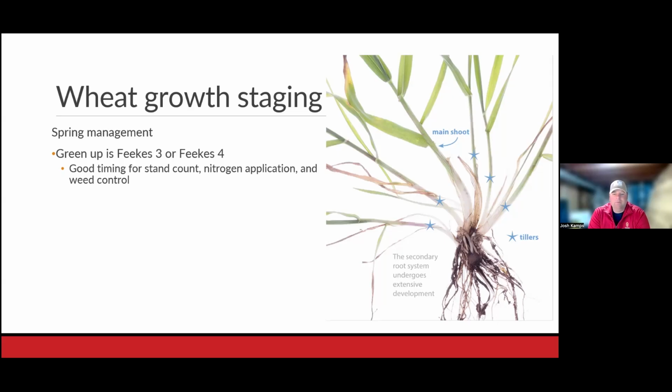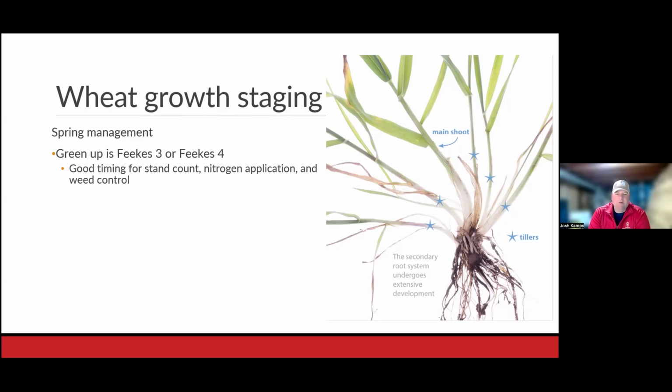Okay, so there's some further study that we can learn about the amount of tillers on a wheat plant. This picture I thought showed that pretty well. We have that main shoot, that main plant that came from the seed that we planted last fall, but then these tillers have developed. Tillers in small grains are a positive. Tillers in corn are maybe not really a positive.